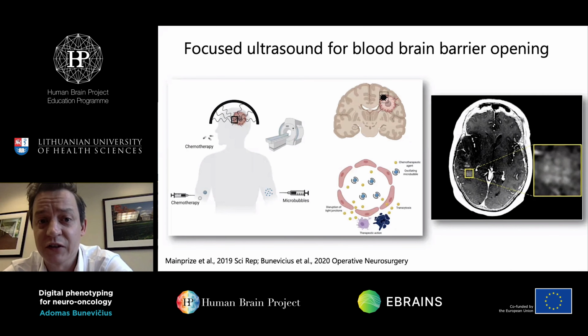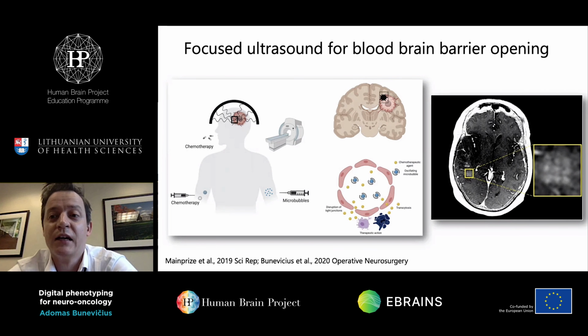So for example, focused ultrasound for blood-brain barrier opening is a treatment where we use MRI and very focused ultrasound to open the blood-brain barrier so that chemotherapy could penetrate the brain better. Hopefully that would improve treatment efficacy and safety for these patients, because we potentially have to give a smaller dose, with smaller systemic toxicity, and brain penetration is greater.